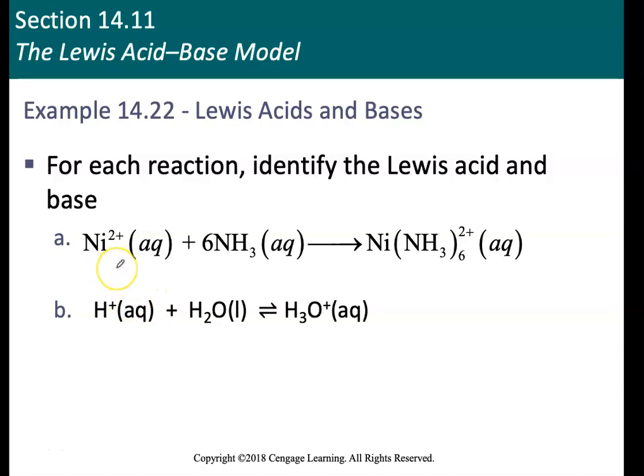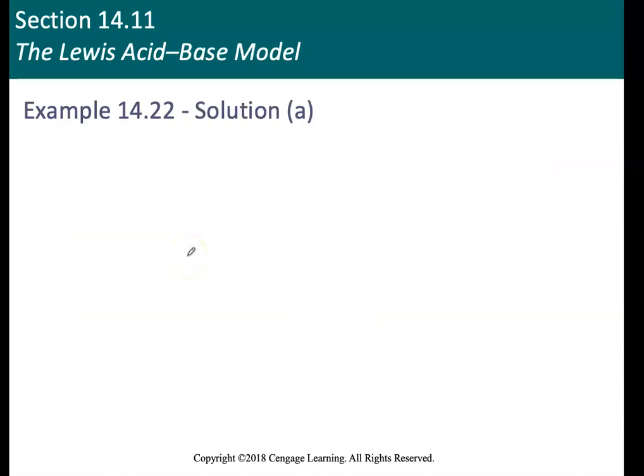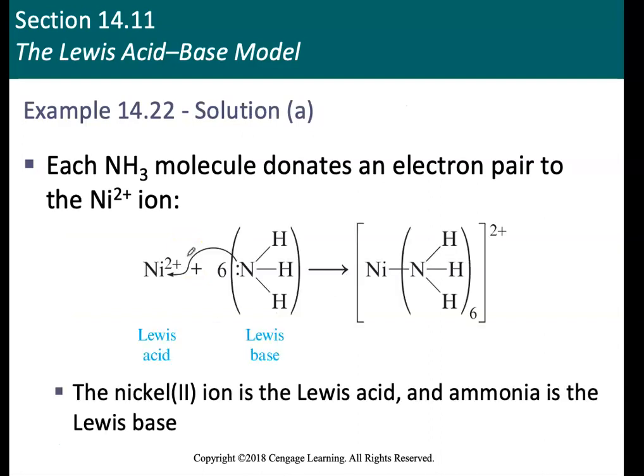You can see that nickel reacts with ammonia to form the complex. So which one is an acid, which one is a base? Look at that. Nickel 2+ accepts the electron pair from the ammonia, and that will produce the complex.